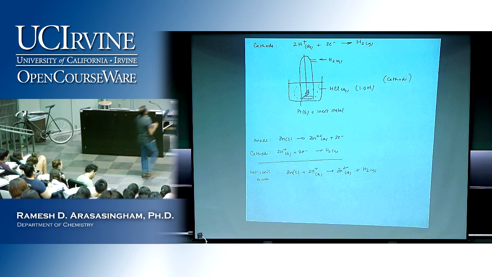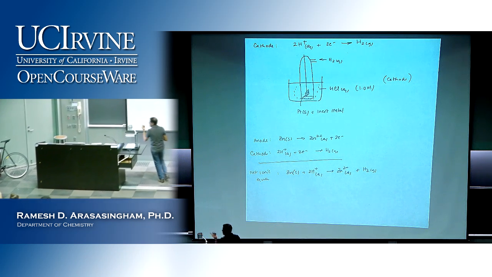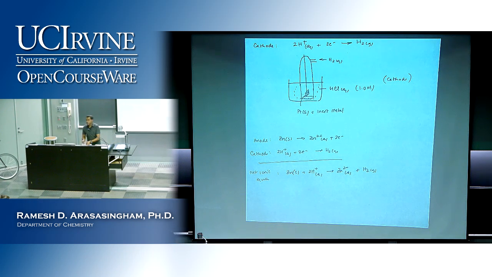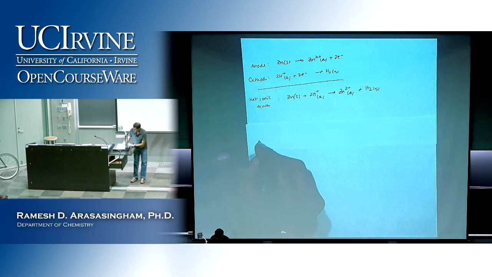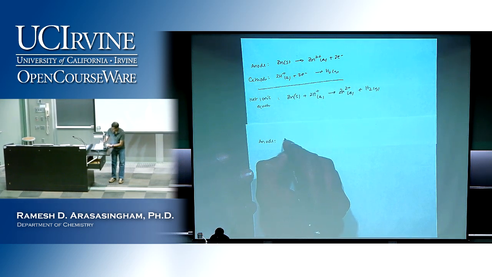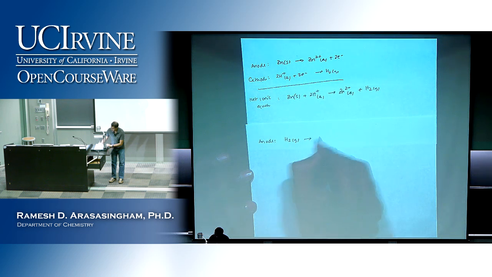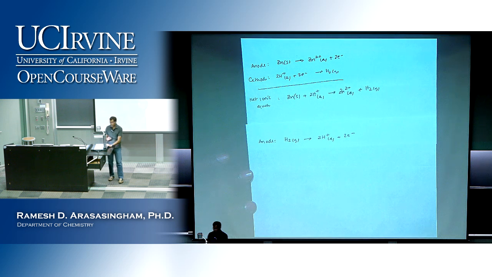Okay? Now you could also have it the other way around. So now let's take a different cell. The anode is where you have the oxidation. So now let's say we have the hydrogen electrode as the anode. If the hydrogen electrode is the anode, you're going to have hydrogen giving you 2H plus aqueous plus 2 electrons.